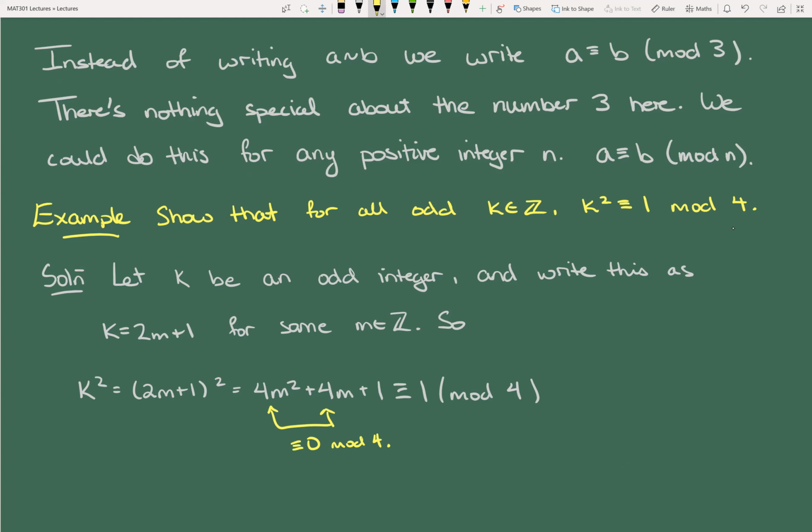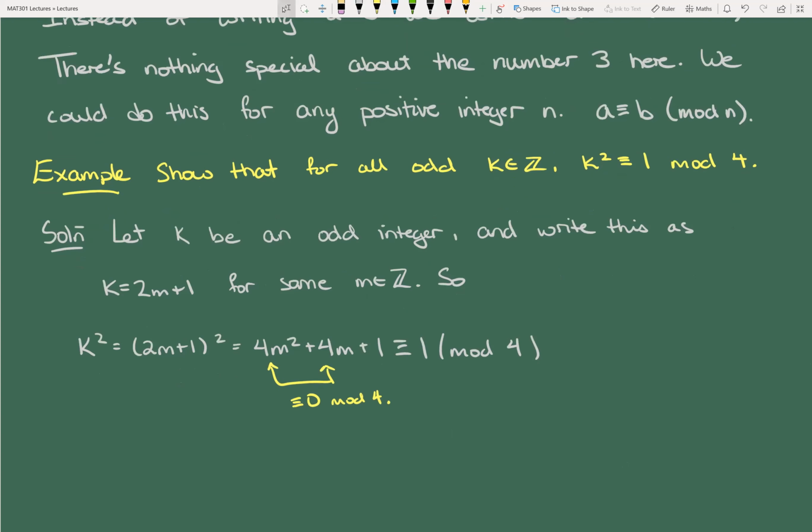But if you really want to be pedantic and you're like, okay, well, hold on, that wasn't the definition. I need to show that 4m squared plus 4m plus 1 is congruent to 1, i.e. that their difference is divisible by 4. Then you could go through that. You would say, oh, we have 4m squared plus 4m plus 1 minus 1 is 4m squared plus 4m.